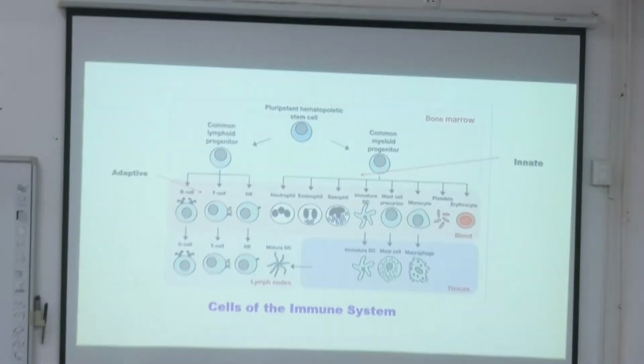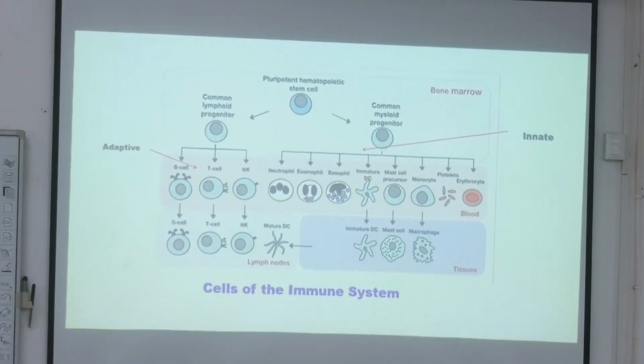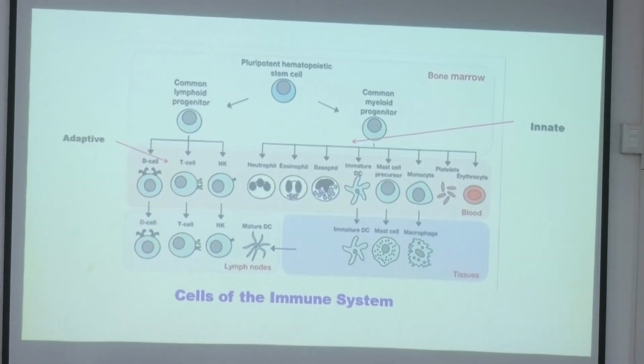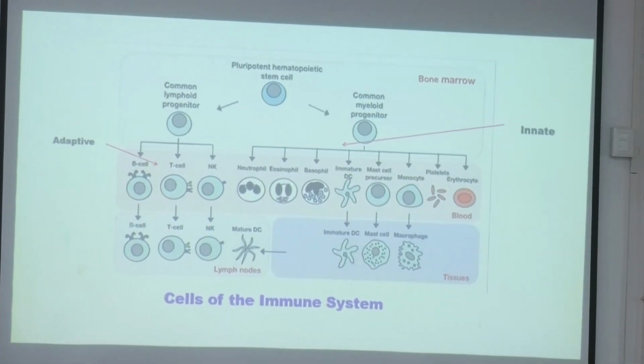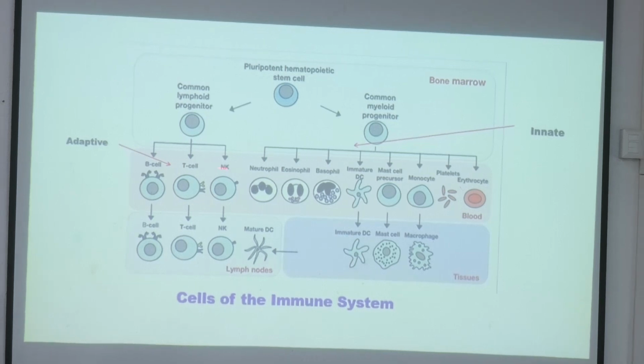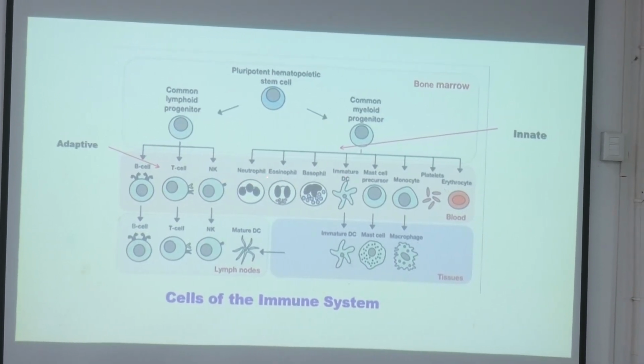See, this is what I told you: in the bone marrow, pluripotent hemopoietic stem cells are there, from where the cells get differentiated into the myeloid series and the lymphoid series. In the myeloid series, we get neutrophil, eosinophil, basophil, mast cell, and the immature dendritic cells.